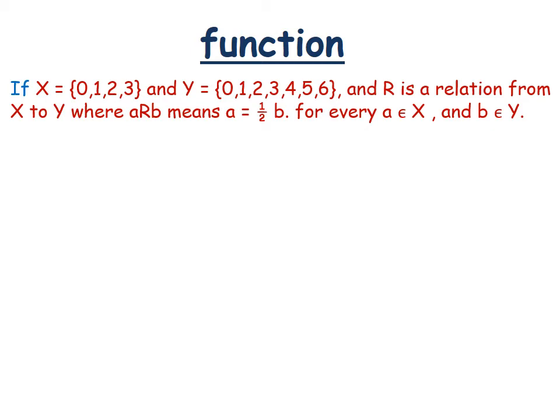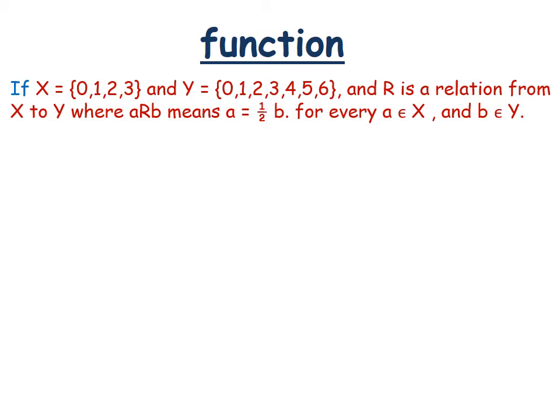So if I want to illustrate this relation, I want to form some ordered pairs under the condition that the first projection equals half the second projection.